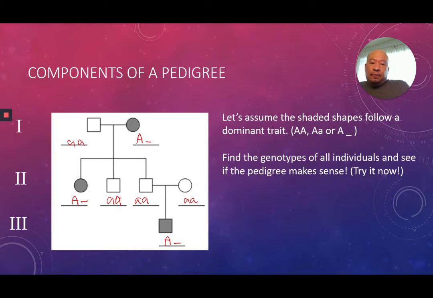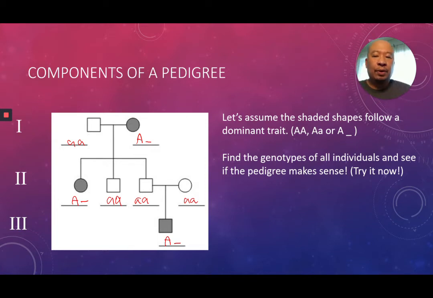The important thing is once you've filled out the genotypes, you have to look at it and see if it makes any sense. So I want you to try that right now. Look at the genotypes that we have, see if anything doesn't make sense. Something odd should strike you. So let's look at the parents.